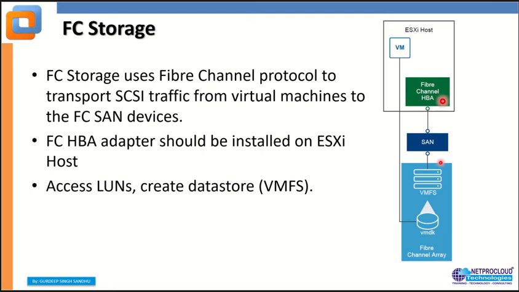To make that communication possible, a Fibre Channel HBA, the host bus adapter, is on the ESXi host, and this host bus adapter communicates through the storage network to the Fibre Channel array. From the Fibre Channel array, we create the VMFS datastore, and onto this VMFS datastore we put the VMDK for the VM. In this way, FC storage works.